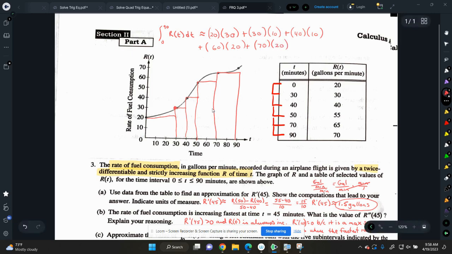Okay. Did I make a mistake? Would it be 65 instead of 20? Or 70? Yeah, and 50. 20 times 30, would be 55, and 30 times 10, 40 times 10, 55, 55, and 65. 65. Yeah.